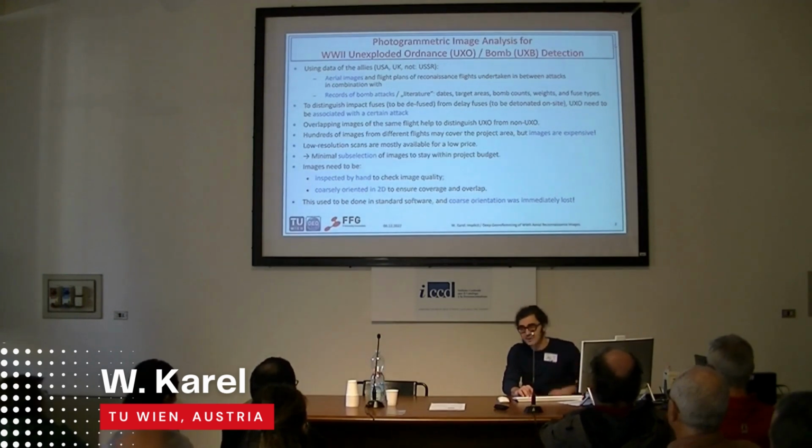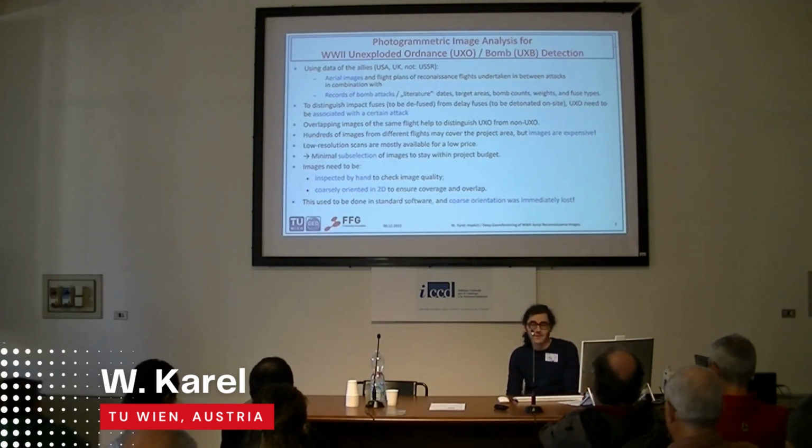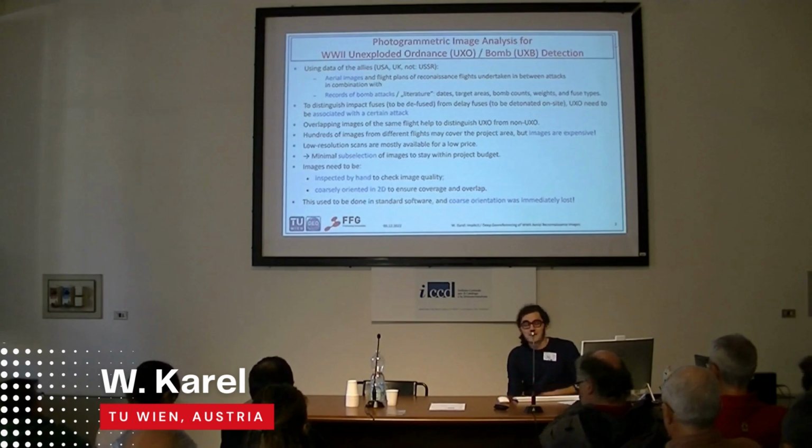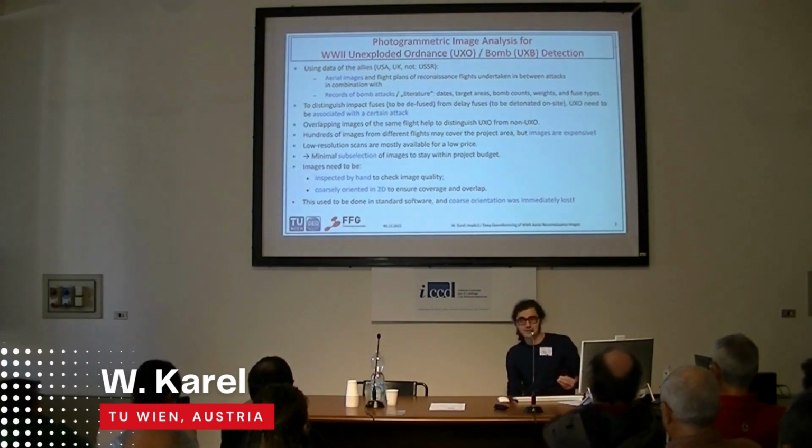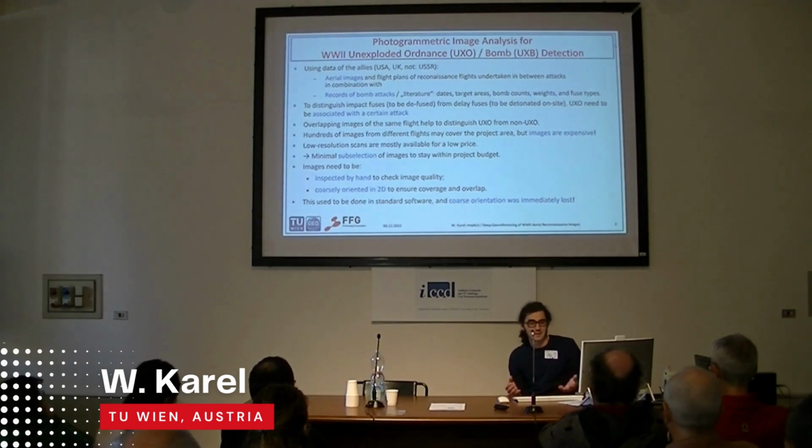And all of this used to be done, or still is done, with standard software by our partner company, which means that this coarse orientation, which was gained during the image selection process, was actually lost immediately, just because it was never recorded.